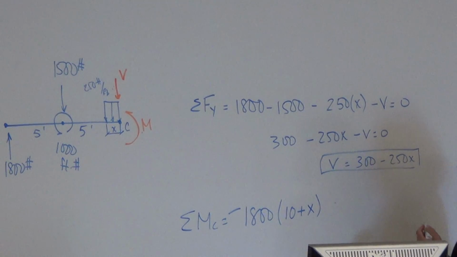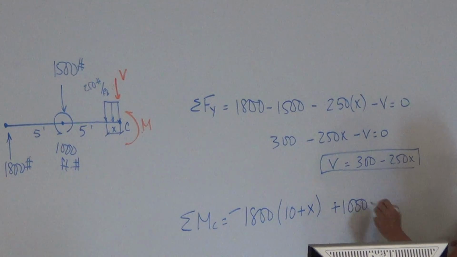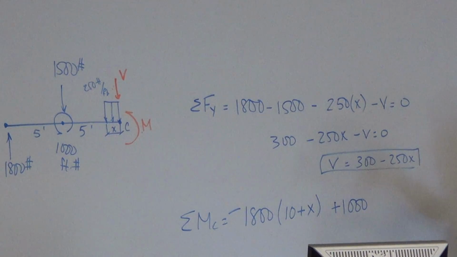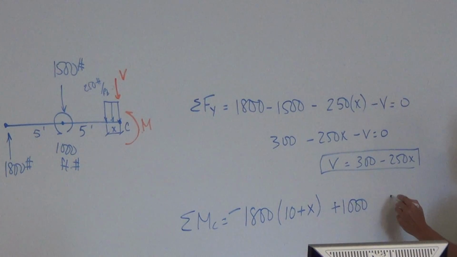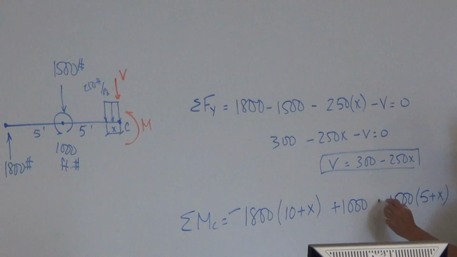And then you have a positive 1,000. You do put in positive because it's positive. Right. And then 1,500 times 5 plus x, and that would be positive or negative? Positive.